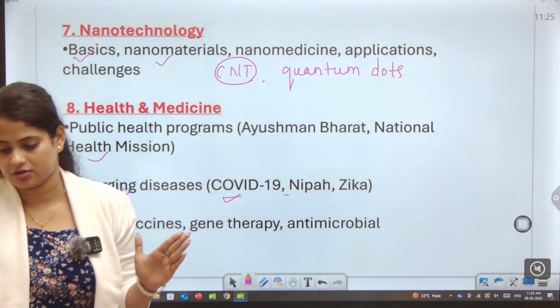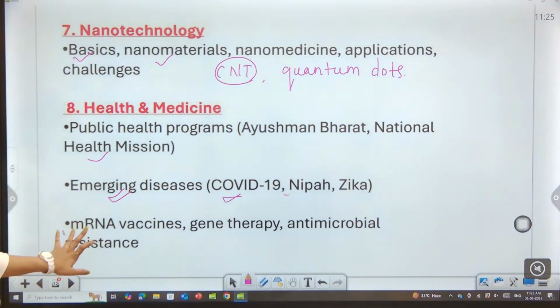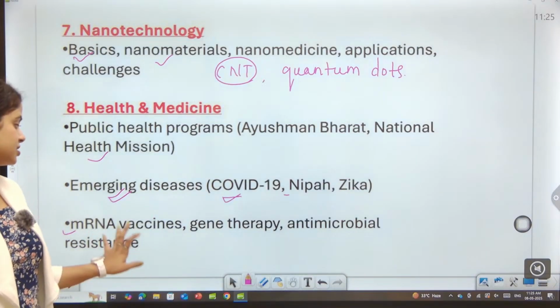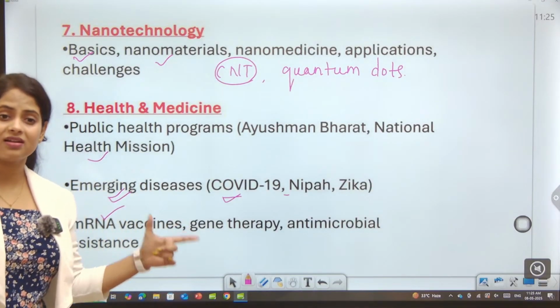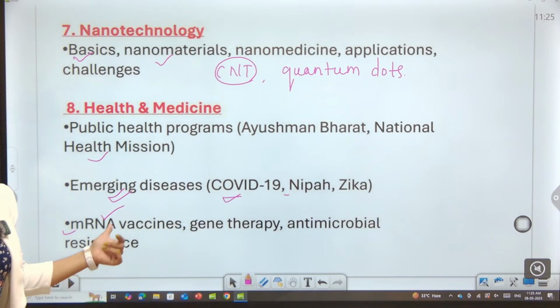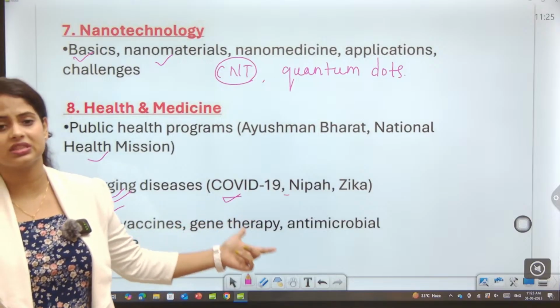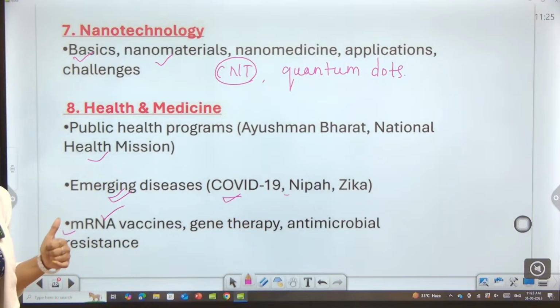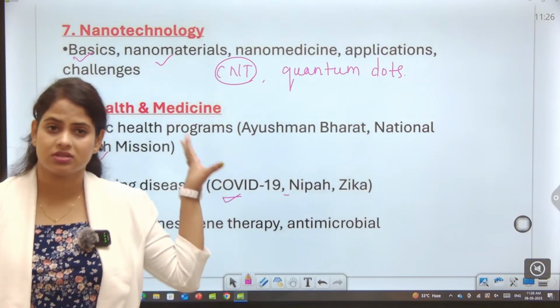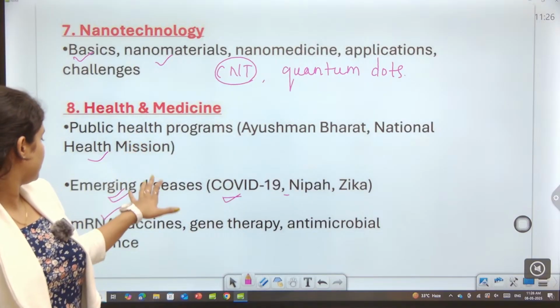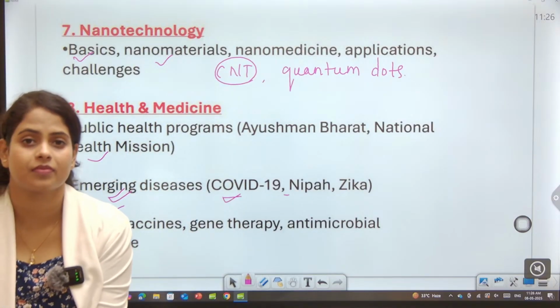Okay. The messenger RNA vaccine, that is the vaccine of Covaxin, Covishield. In that vaccination, we use the messenger RNA vaccine. What is gene therapy and what is antimicrobial resistance? Everything we have to read about nanotechnology, health and medicine.